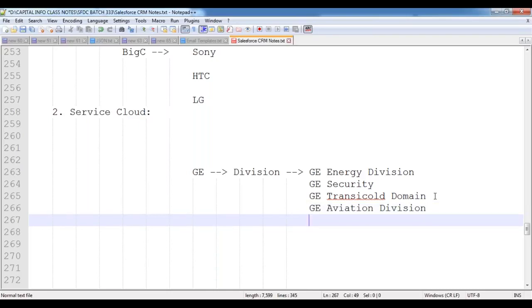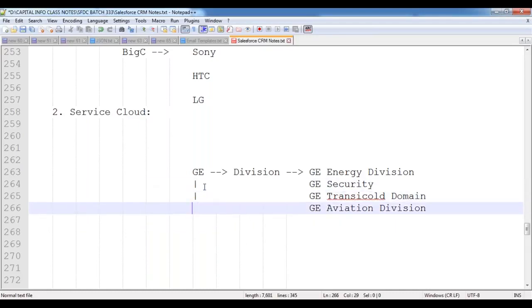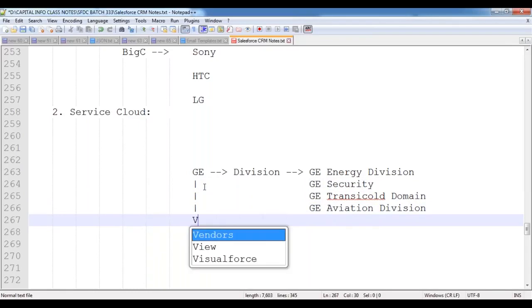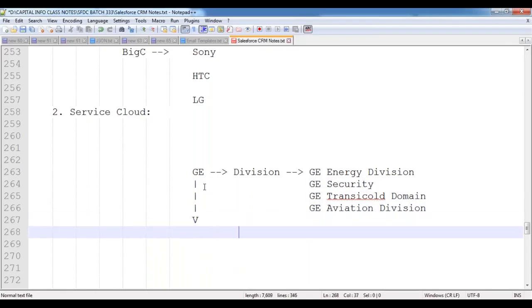Like that, they have various divisions. Now as part of this GE organization, they're manufacturing a very costly product called a turbine.